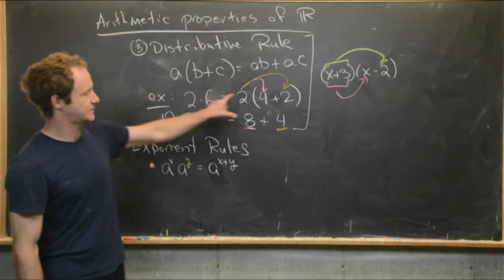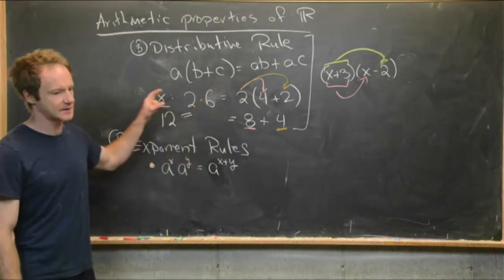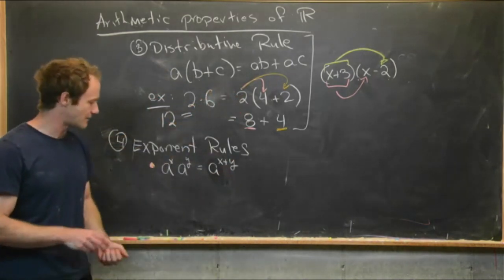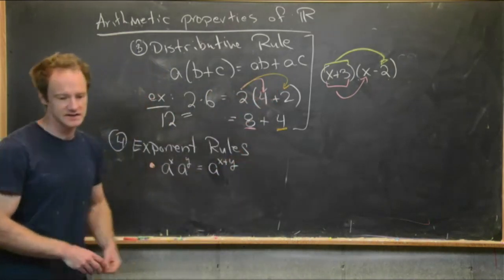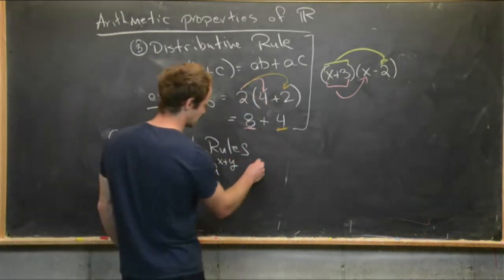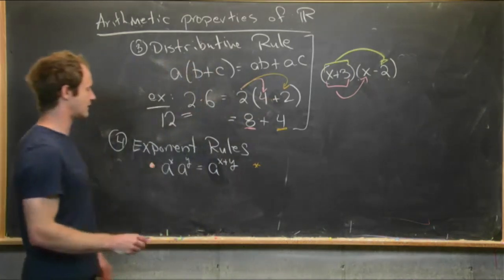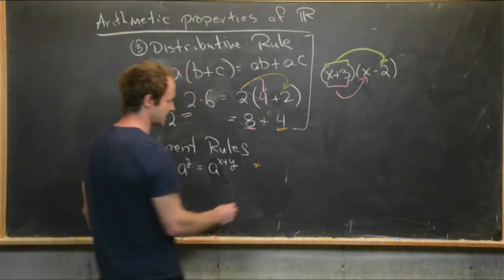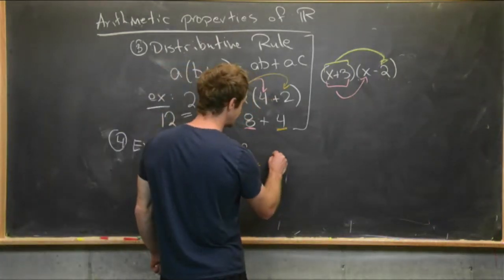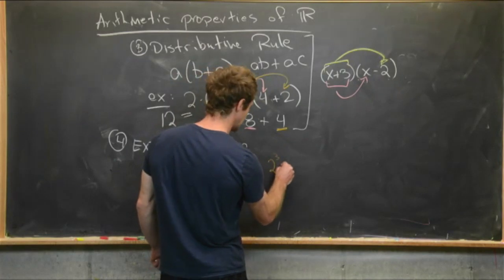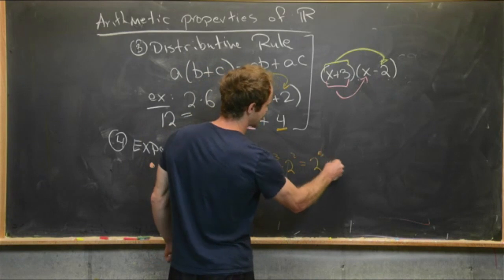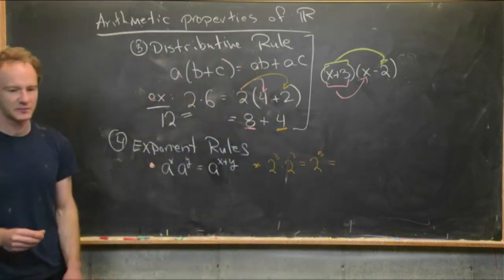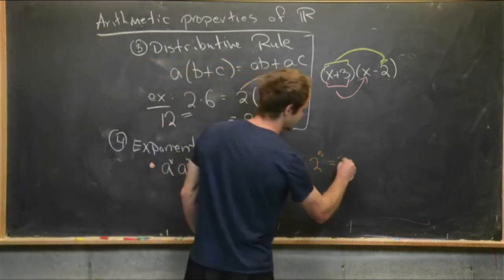And we could do a pretty similar little example involving numbers, something like 2 to the 3 times 2 squared is the same thing as 2 to the 5. Well, if you take 2 to the 5th power, you get 32.